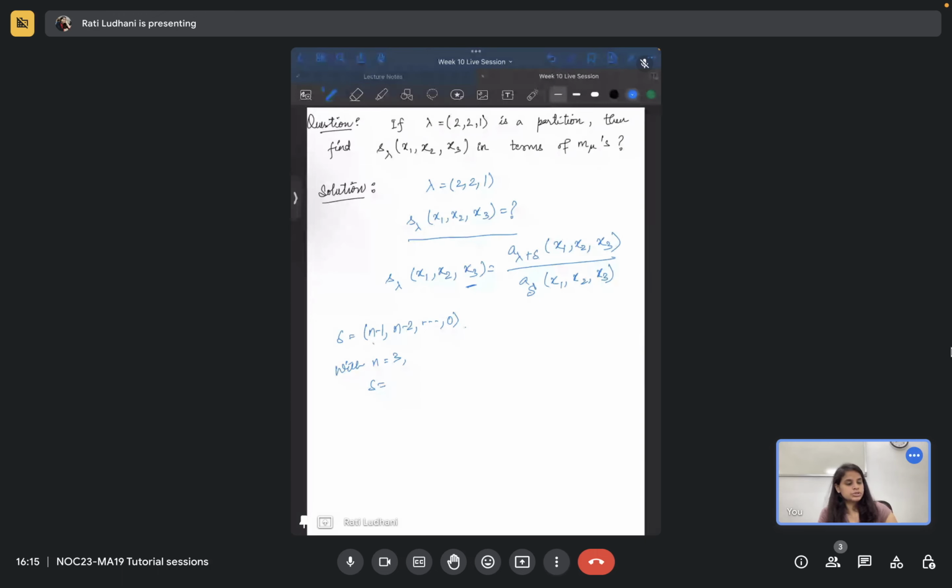So the question is asking basically what is s of (2, 1) in x1, x2, x3. This is the alternant of lambda plus delta, that means you add (2, 1, 0) to (2, 1, 0), so you'll get 4, 3 and 1.